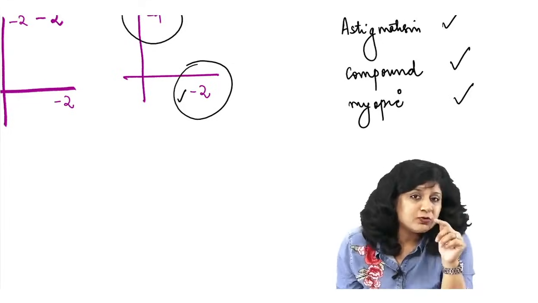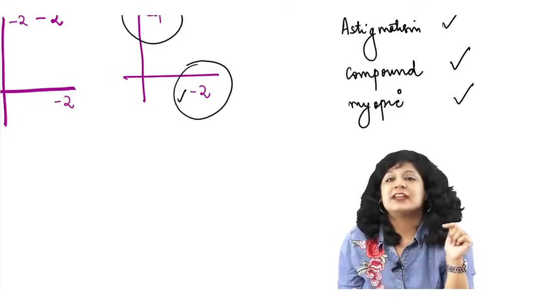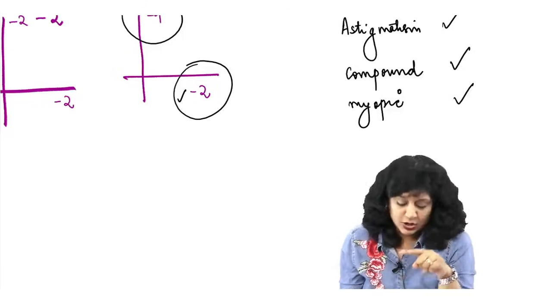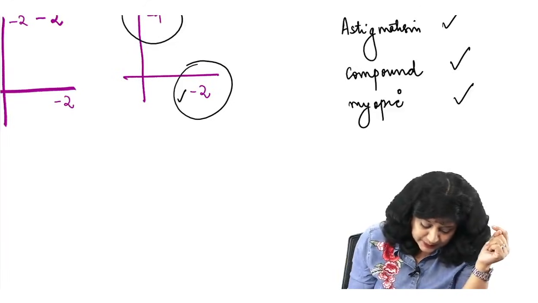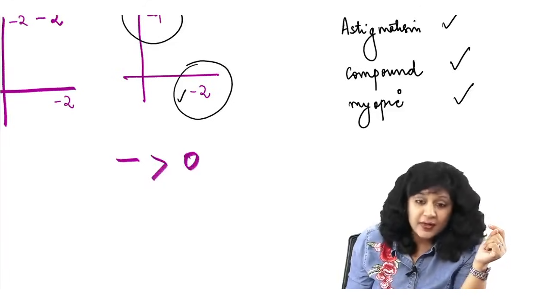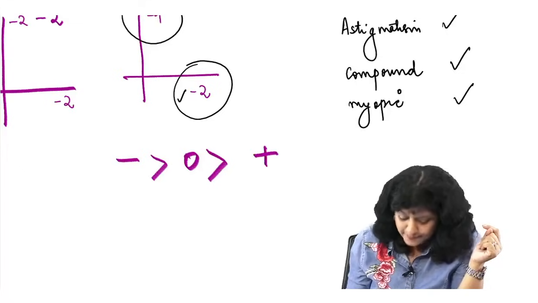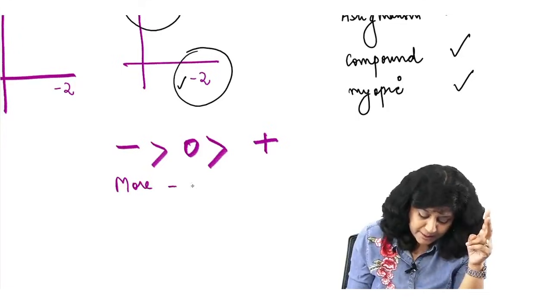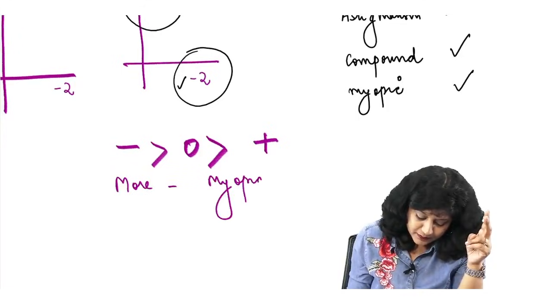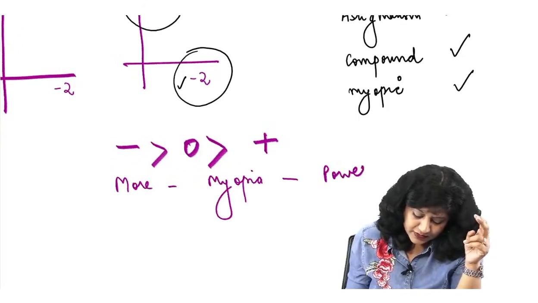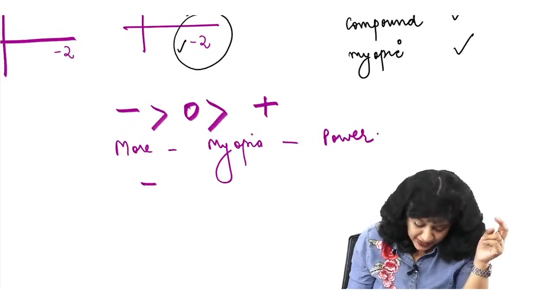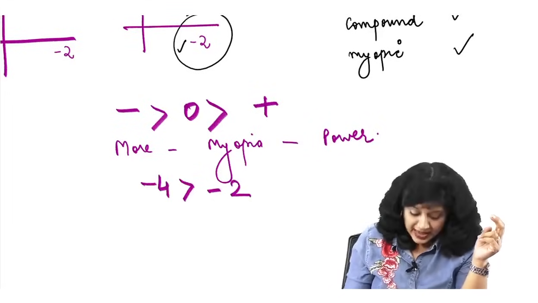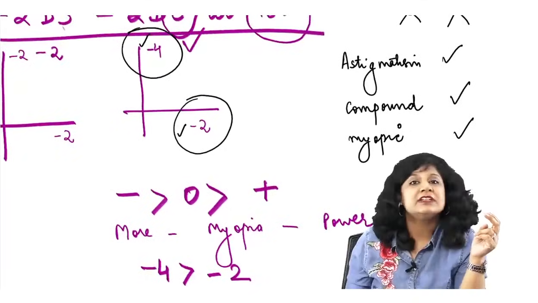Now for this compound myopic astigmatism, you have to find out whether it is with the rule or against the rule. What I told you is that minus power is more than zero power and this is more than plus power. Plus, you also know the more the myopia, the more the power. So that means -4 has more power than -2, and -4 is present in the vertical meridian.